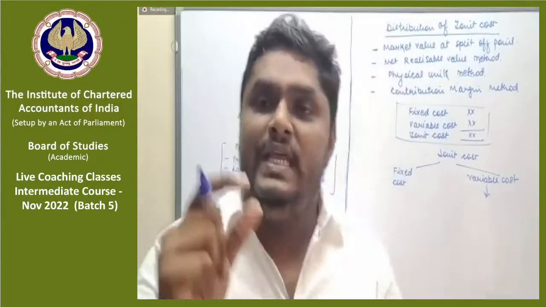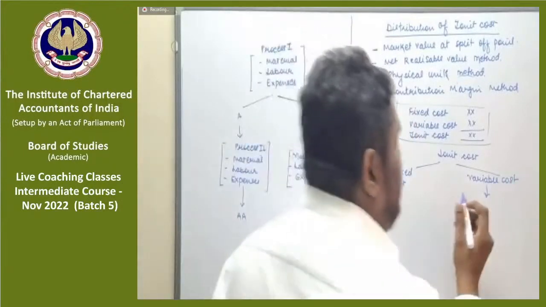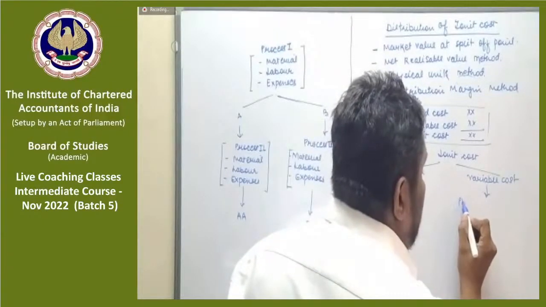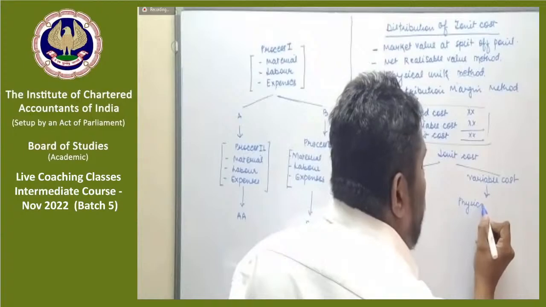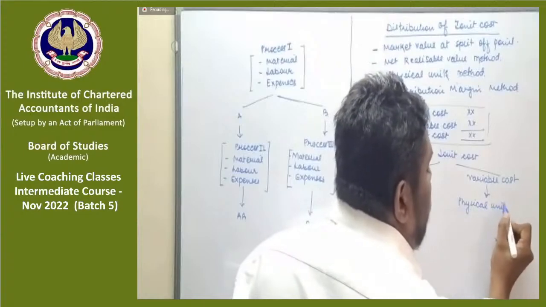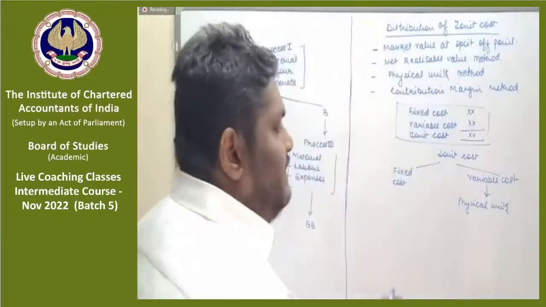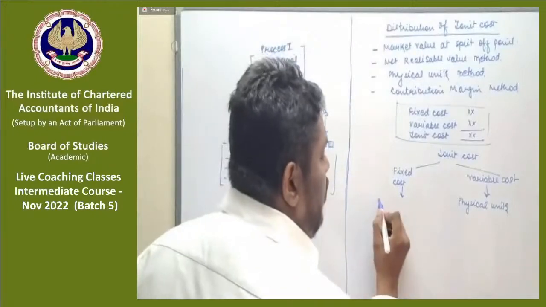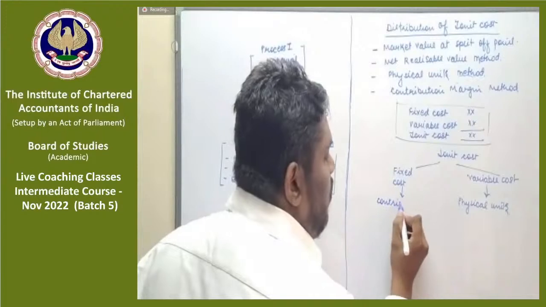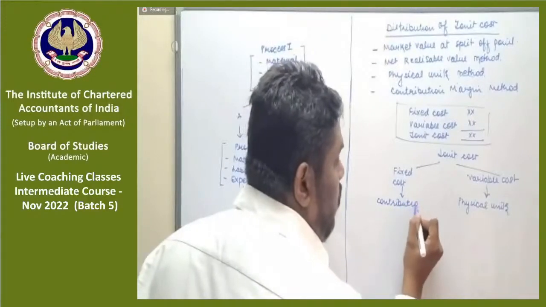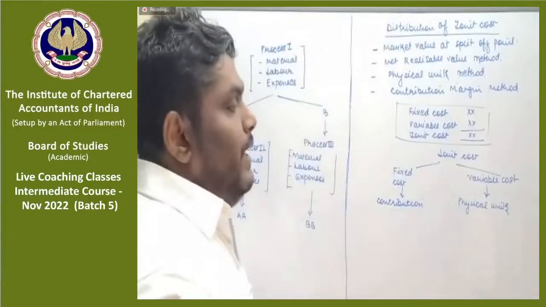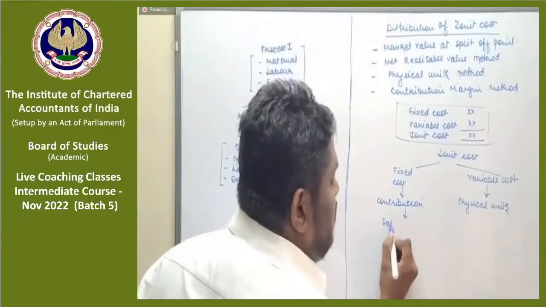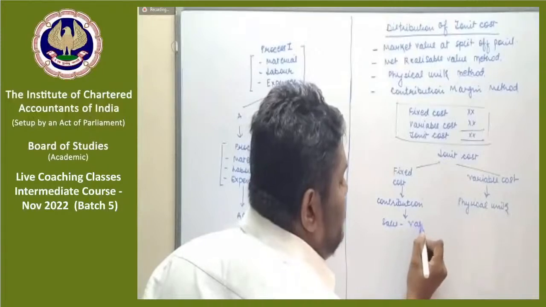That is, the variable cost will be distributed in the ratio of physical units and the fixed cost will be distributed in the ratio of contribution. When talking about contribution, it is sales minus variable cost.